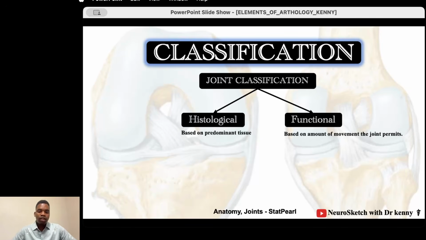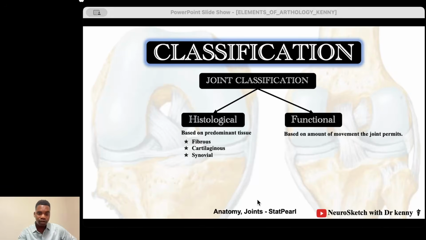Okay, so in histological classification, we have different materials that make up the joint. Number one, we can have solid material, or we can have a gap or fluid. So under histological classification, we have fibrous joints, cartilaginous joints, and synovial joints.